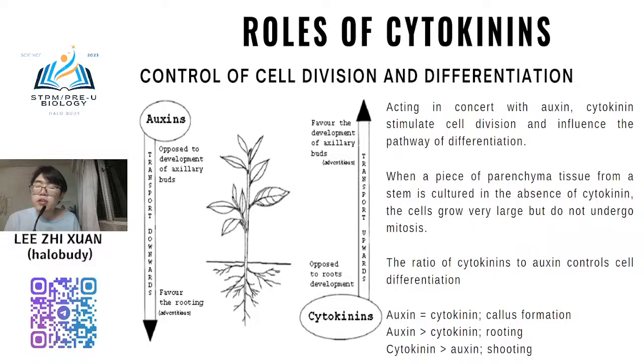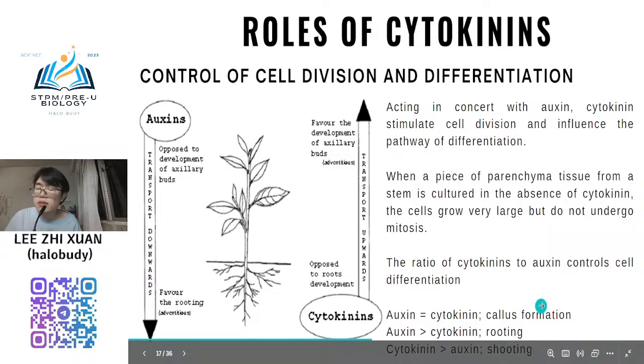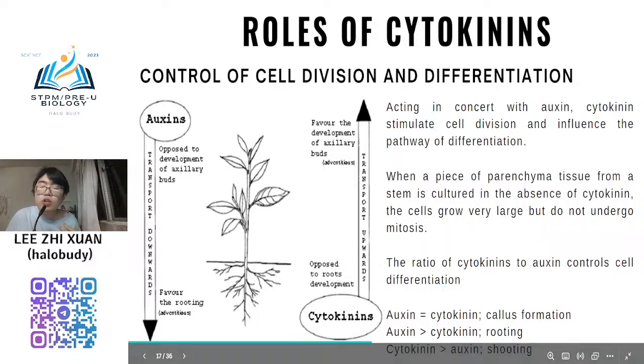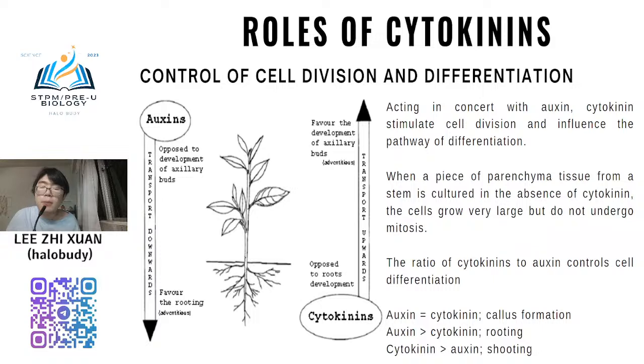In general, in the natural habitat, the plant will not induce callus. Normally this is human made in tissue culture technology, because humans want to do experiments on the plant.